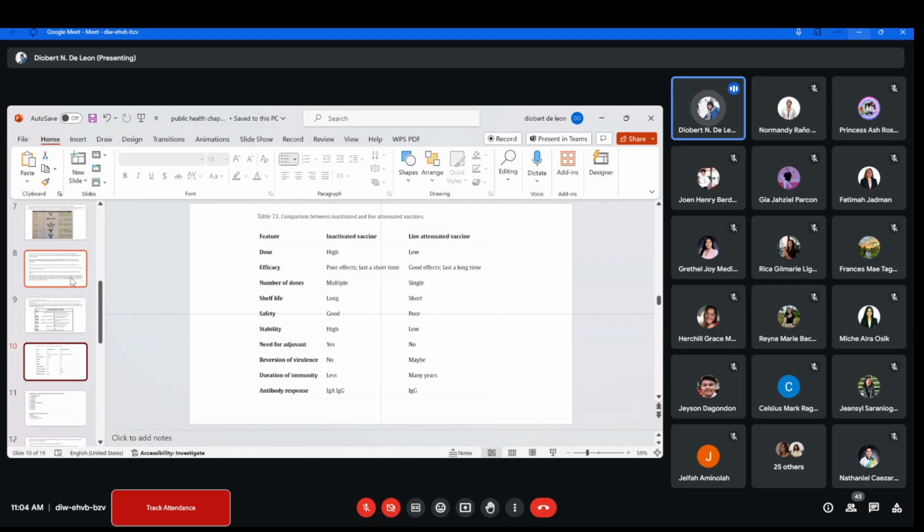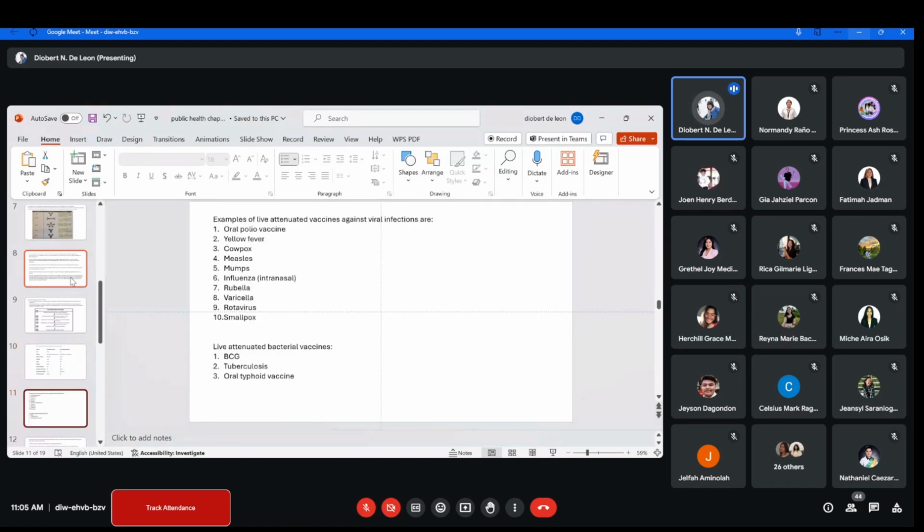Reversal of virulence, no, and maybe yes for the live. The duration of immunity is less for inactivated, and for live attenuated vaccine it is many years. The antibody response for inactivated vaccine is IgA and IgG, and for the live attenuated vaccine, we have the IgG.